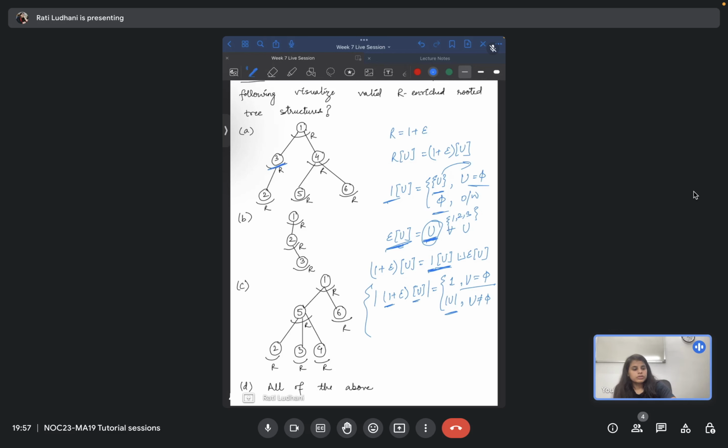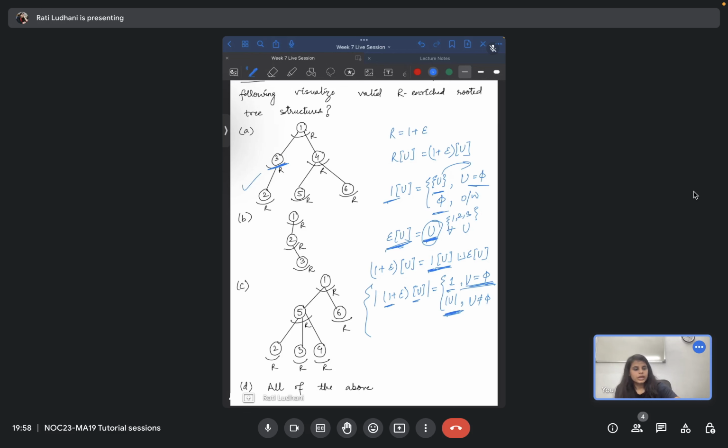For 3, for example, there is one downside arrow, and so there is one child, which means one structure from this. For 2, 5 and 6 there are no children. So for U equals 5, you have exactly one structure.